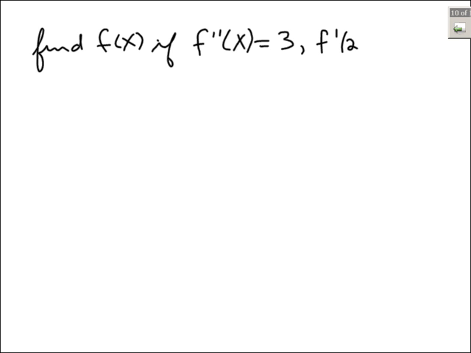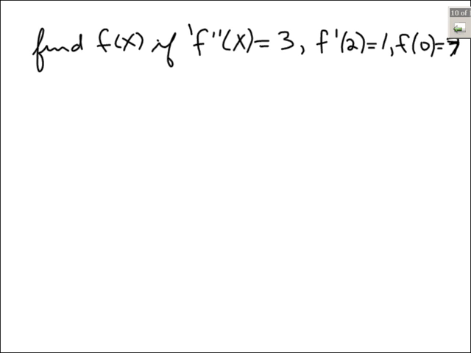F prime of 2 is equal to 1. And f of 0 is 7. Okay, f of 0 equals 7. So given that, we want to find f of x.